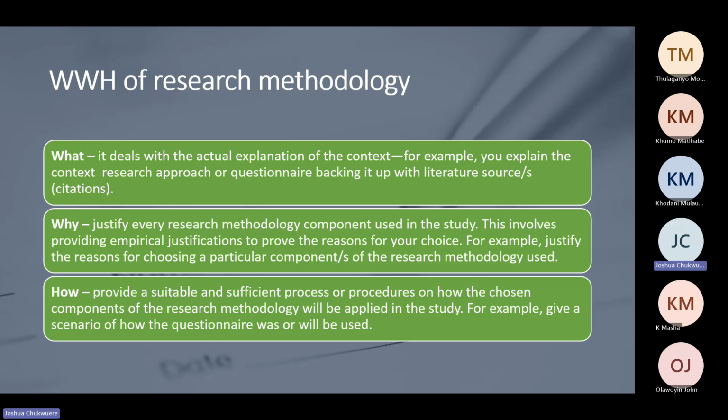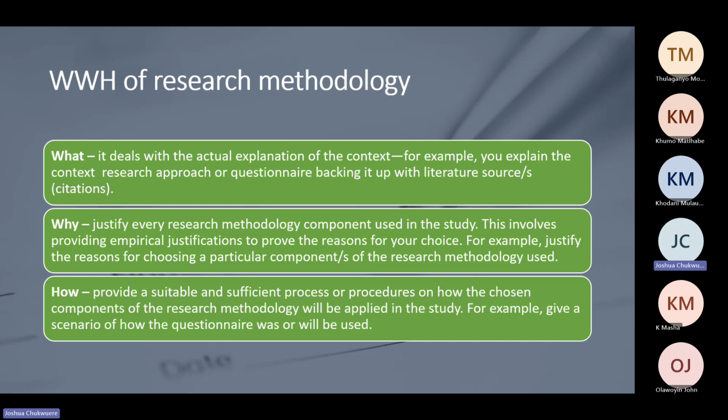Okay. Now, very important, guys. In the process of doing your research methodology, I did mention this last week. When you are writing your research methodology, it's very important to bear this in mind.